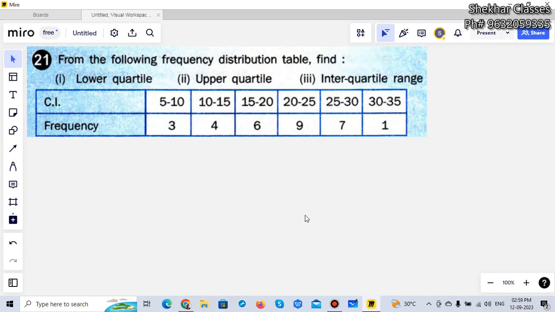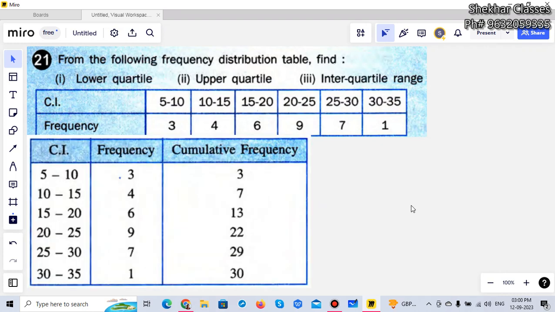So let me put the table for that, the cumulative frequency, first. All of you know how to draw the cumulative frequency. So we can see that the first one, class interval 5 to 10, has frequency 3.